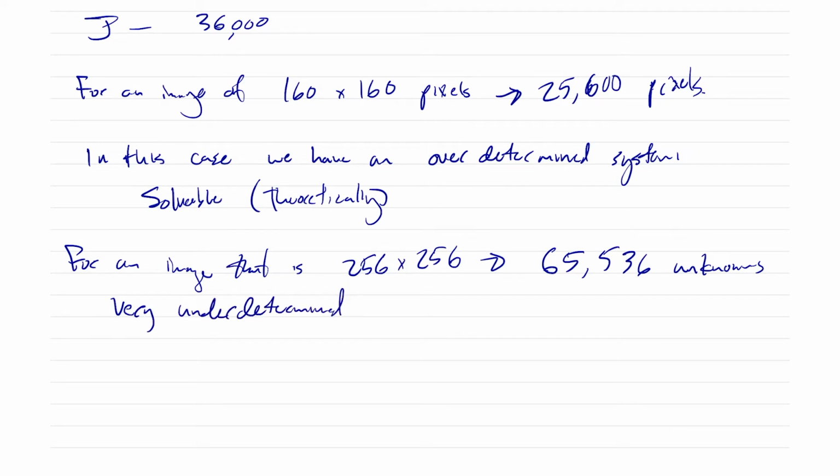And so basically, I can say not uniquely solvable. Or, well, potentially not solvable. Okay, so we have an underdetermined system.